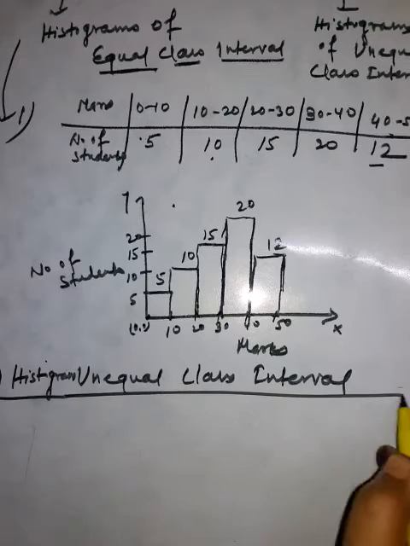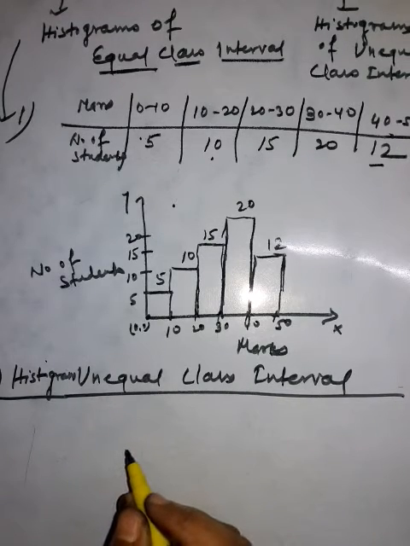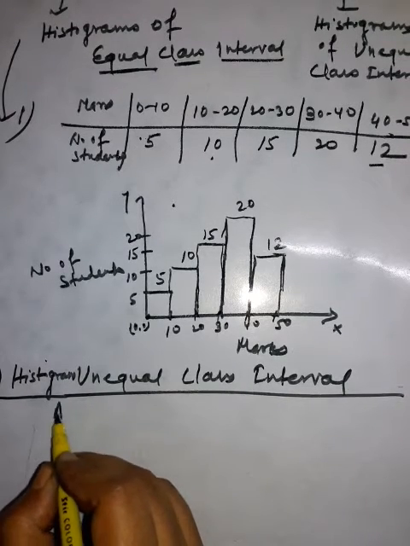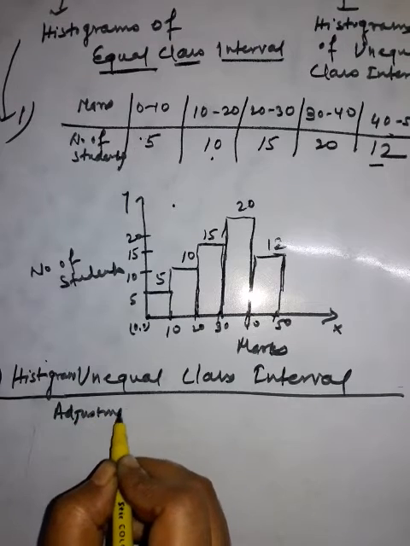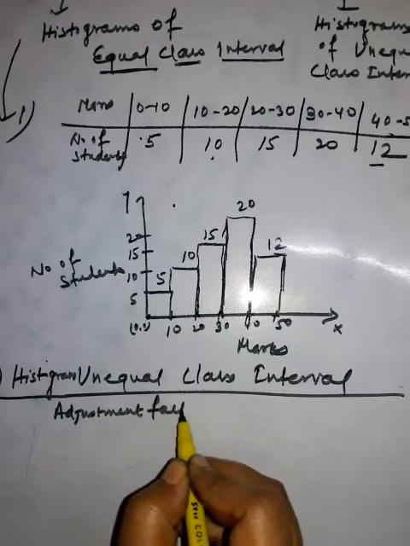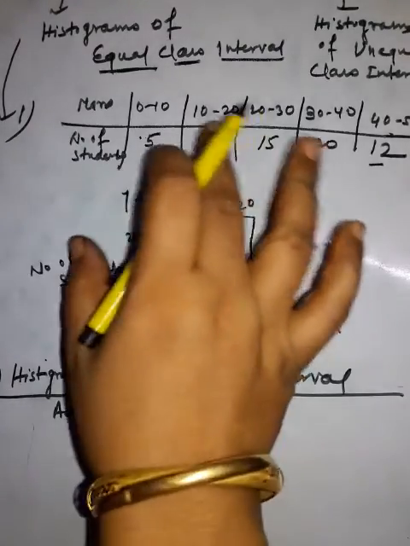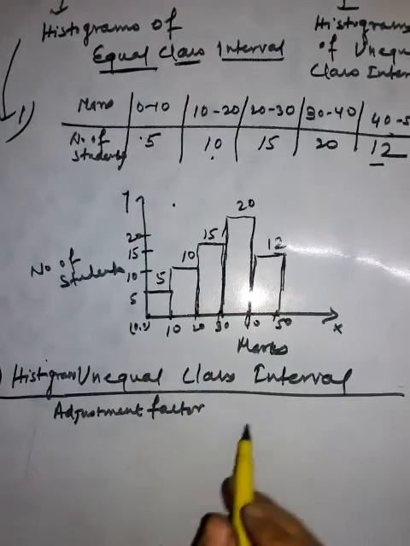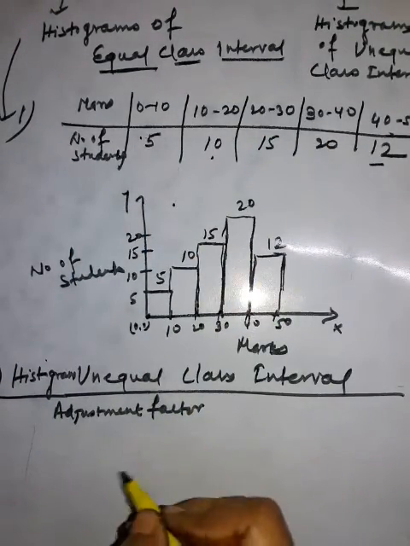We have to adjust the unequal class interval, so that's why we have to find out the adjustment factor.